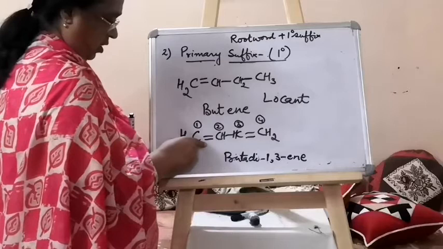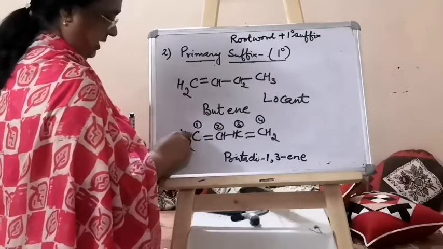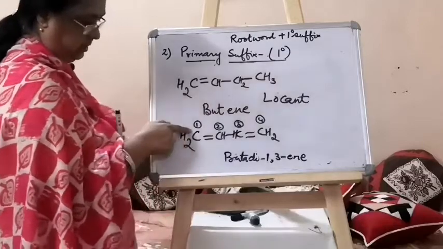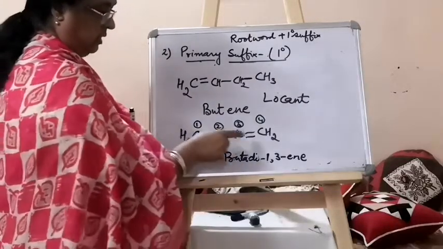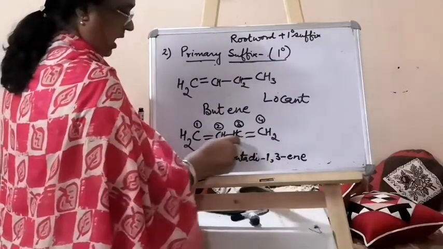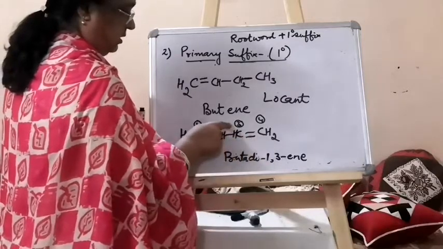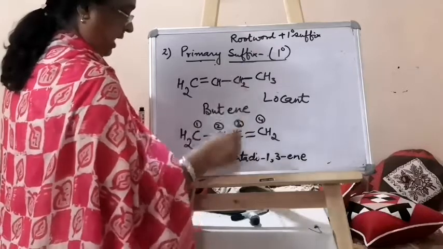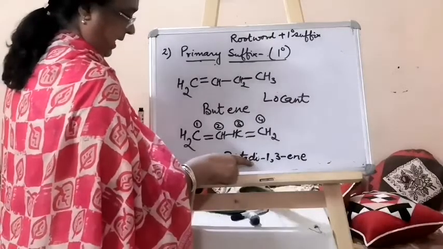So a double bond is considered at the lowest number. It is between 1 and 2, so this double bond will be considered at carbon 1. This double bond is between 2 and 3 carbons, so this will be considered at carbon 3. So we have 1, 3, 2 times. That's why we have written di.